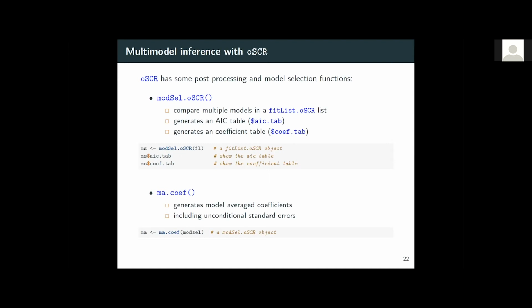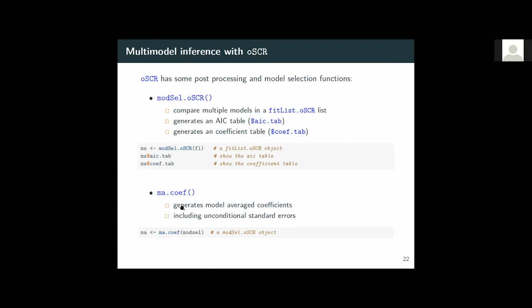And then the last function here, macof, will take this coefficient table, weight the estimates according to their AIC weights, and do some kind of model averaging. Not the model averaging that we'd like to do, the model averaged predictions, but these are model averaged estimates. So you don't necessarily want those, but you can get them.